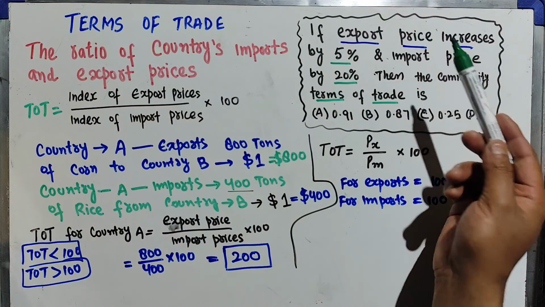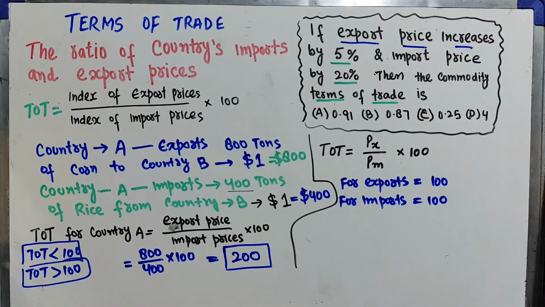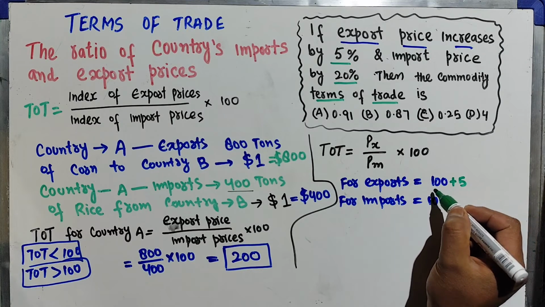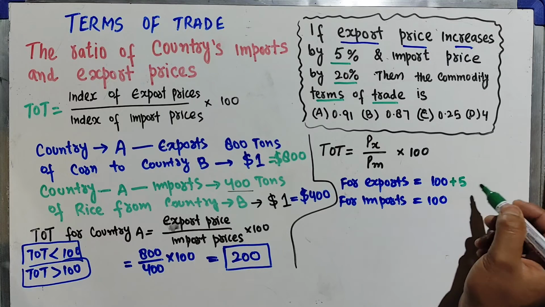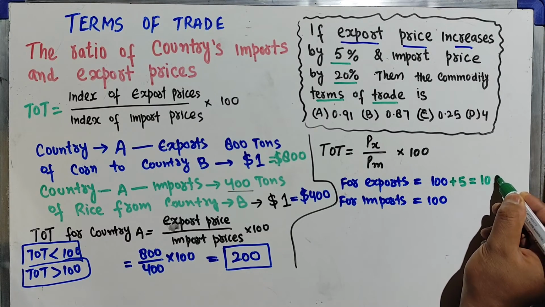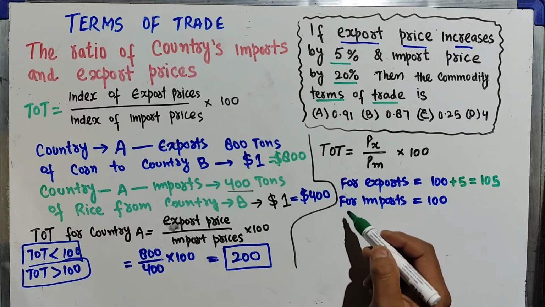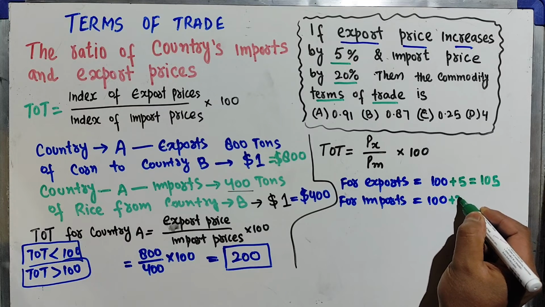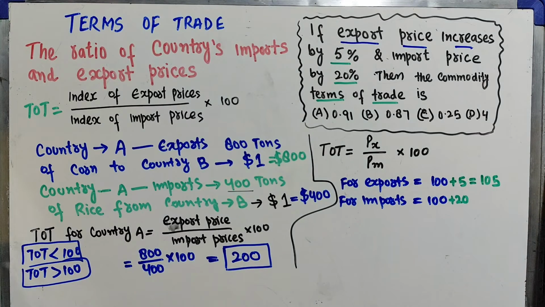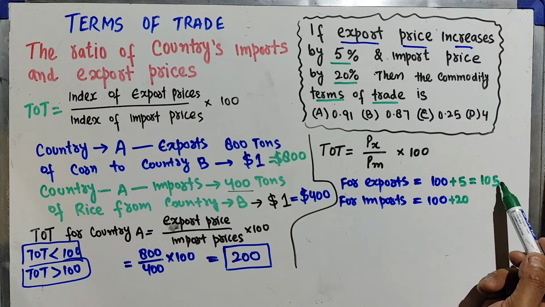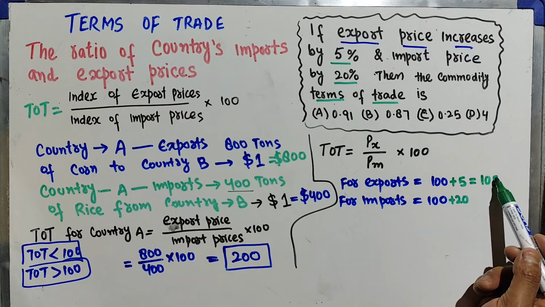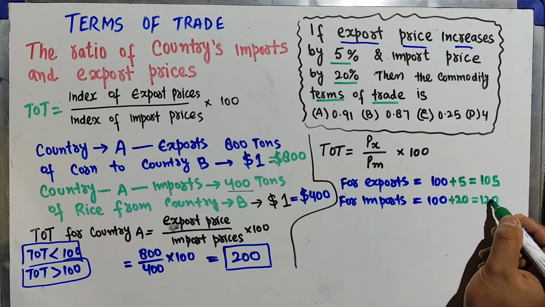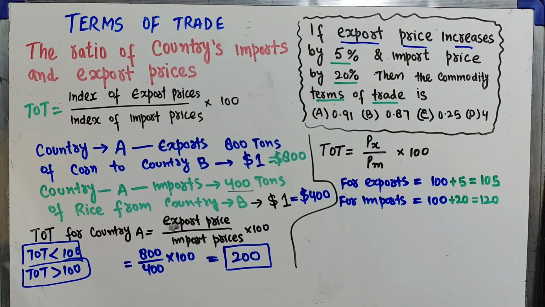Export price increases by 5%, so 100 plus 5 is 105. Similarly, import price increased by 20%, so 100 plus 20 is equal to 120, which is simply a 20% increase compared to 100.